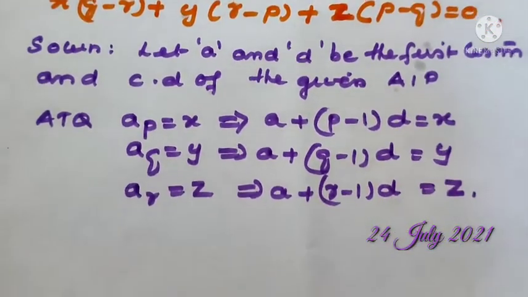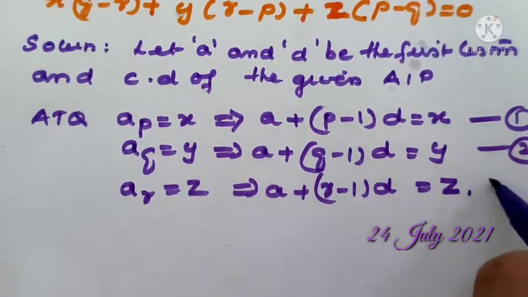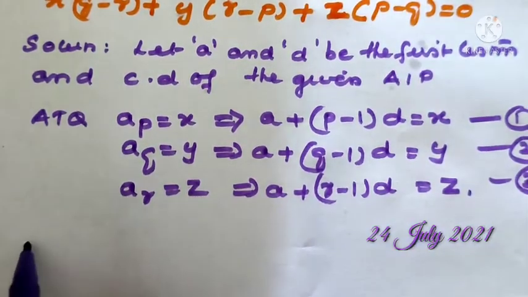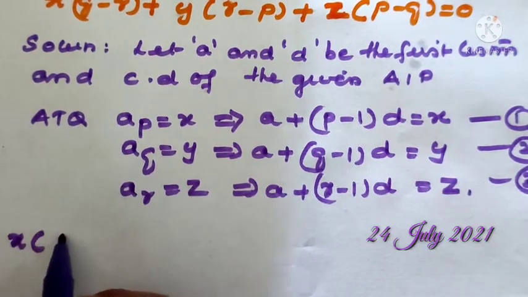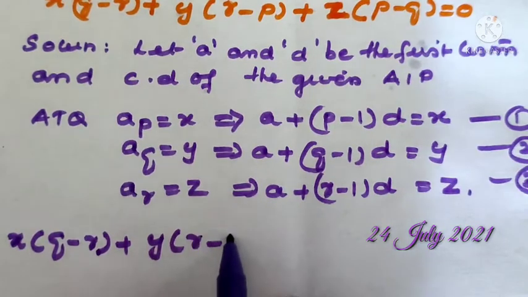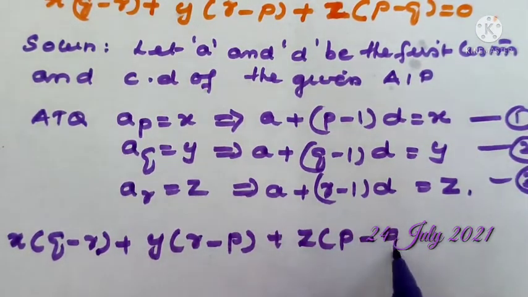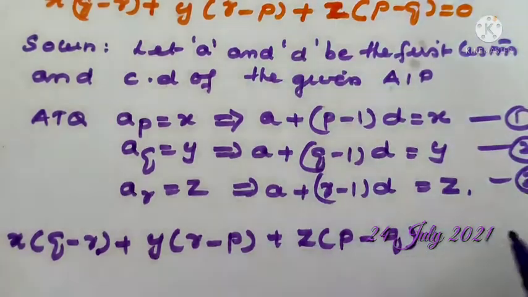So these are the given equations 1, 2, 3. Now we should prove that x into q minus r plus y into r minus p plus z into p minus q equal to 0.